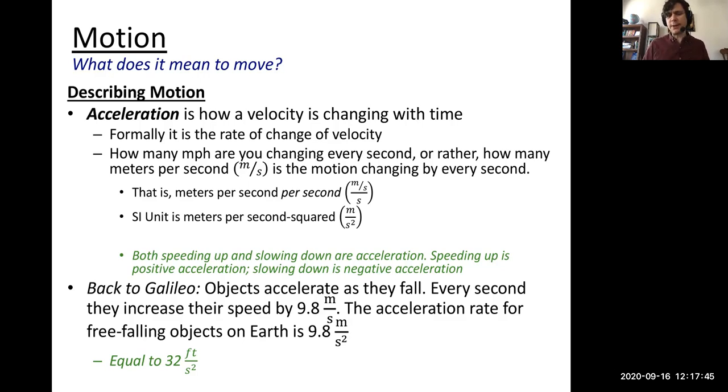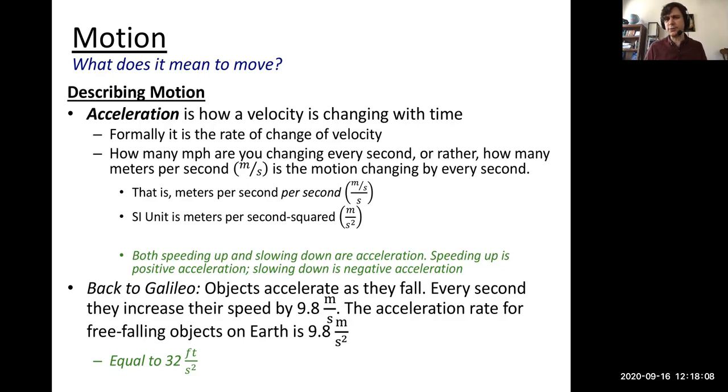So we are measuring how many meters per second you are changing, which means that our SI unit for acceleration is meters per second squared. You can always call it meters per second, which we could use any other speed unit or velocity unit. We could say miles per hour per second if we want to talk about the 0 to 60-ish time.